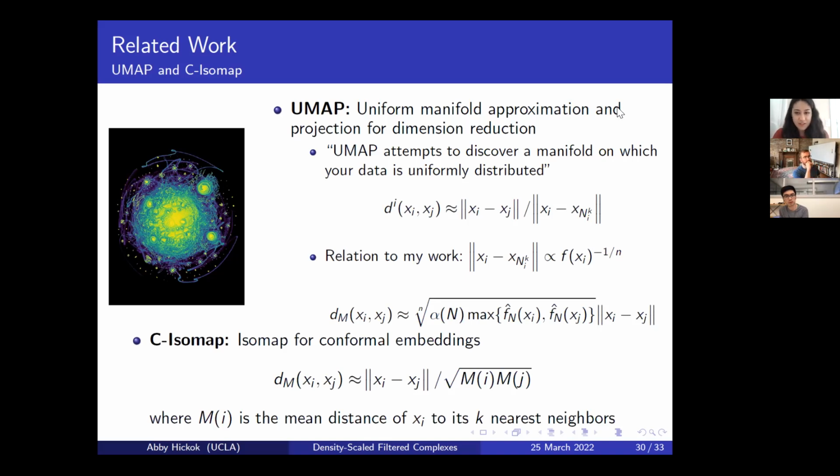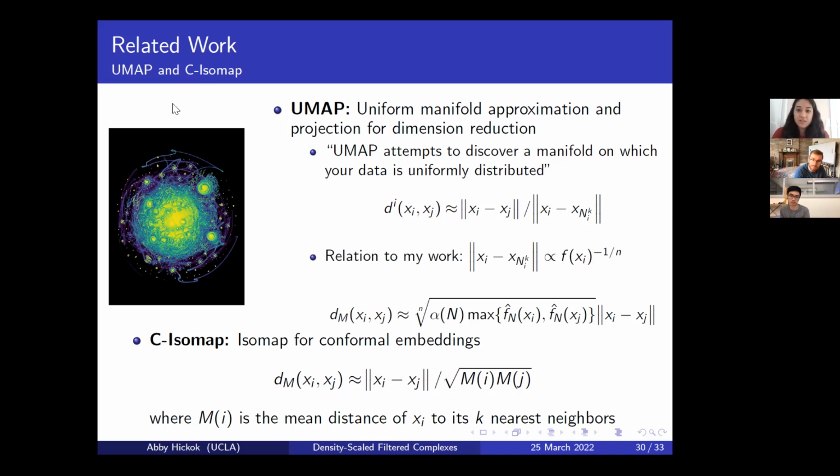C-Isomap, not used as often, is also similar in spirit, although they don't really say this. In C-Isomap, their idea is to approximate the distance between xi and xj as their Euclidean distance normalized by the geometric mean of their kth nearest neighbor distances.